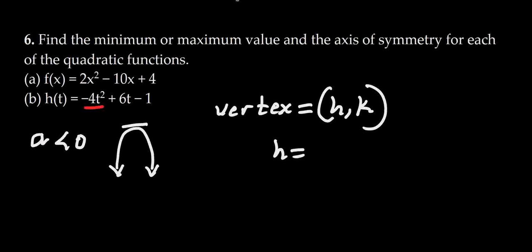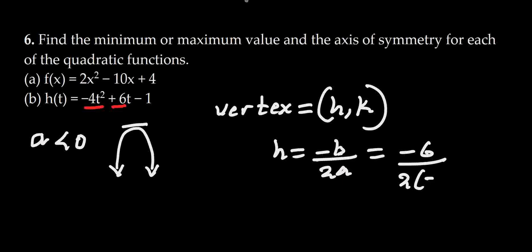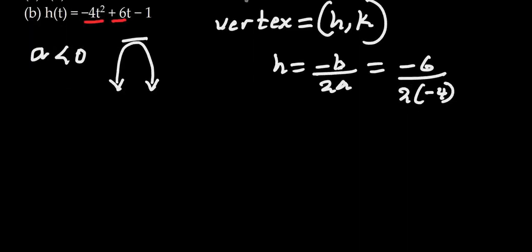Recall that the formula for finding h is -b over 2a. And from the function, the value of b is +6 and the value of a is -4. So this automatically becomes -6 over 2 times -4. So now -6 over 2 times -4 is -8.